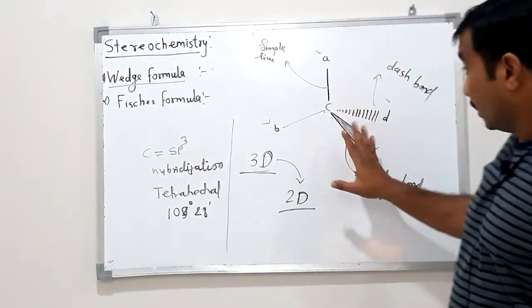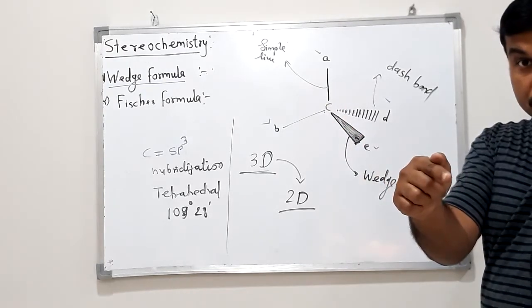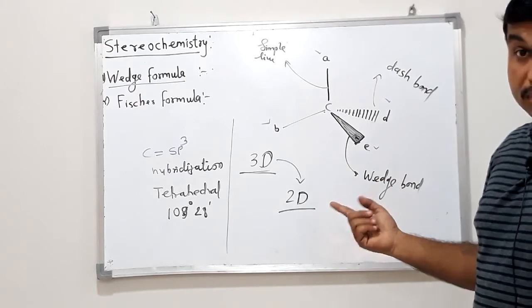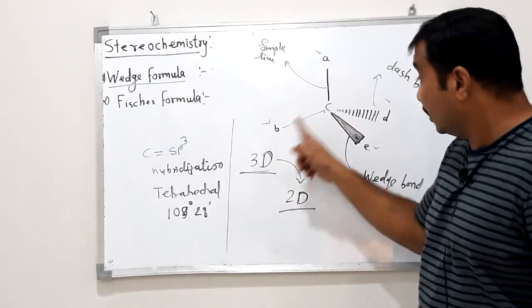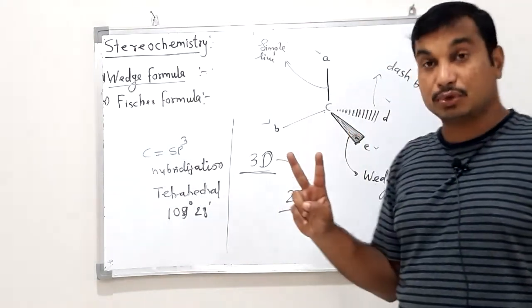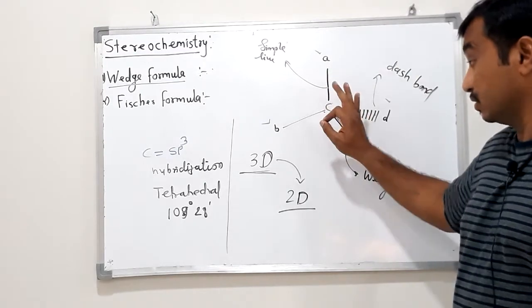Here it is not planar. E is moving toward the observer, out of plane. D is moving away from the observer, out of plane. Only A, B and the central carbon are in the plane. The remaining two substituents are not in the plane. This is a three-dimensional structure.